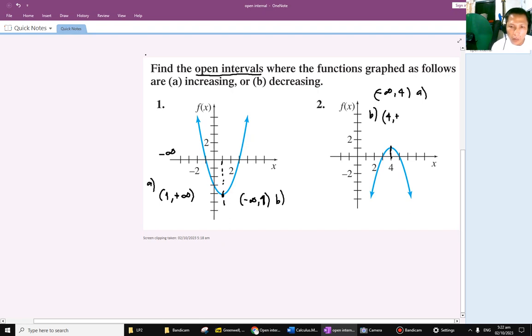Of course, it goes beyond, going down. These are x values, so you have negative infinity here and positive infinity here. From 4 to positive infinity, your graph is decreasing. So that's how you answer this type of problem.